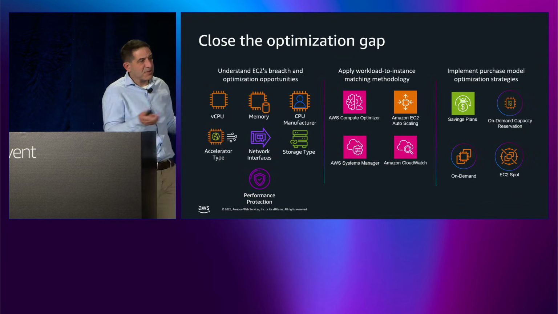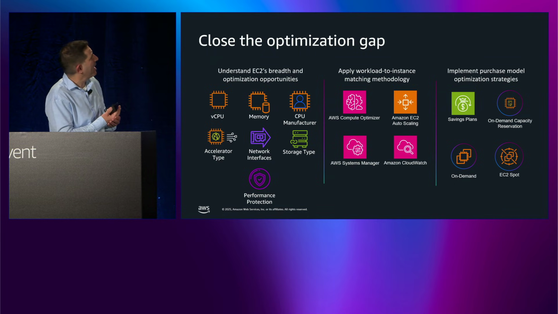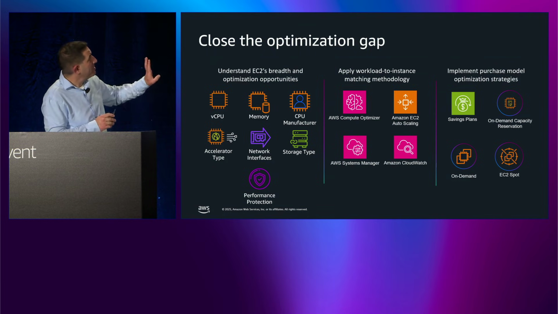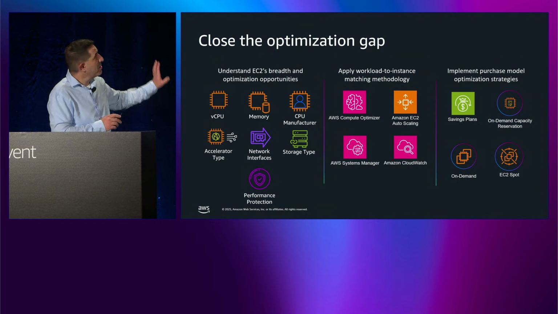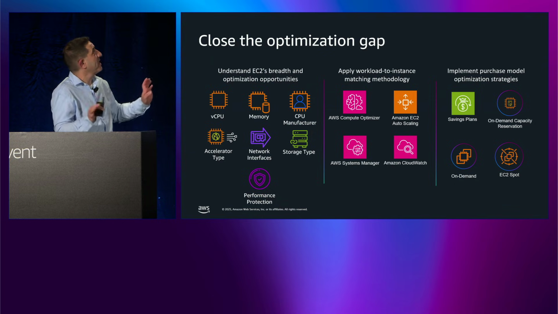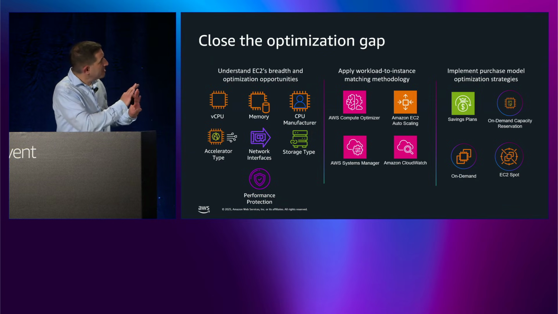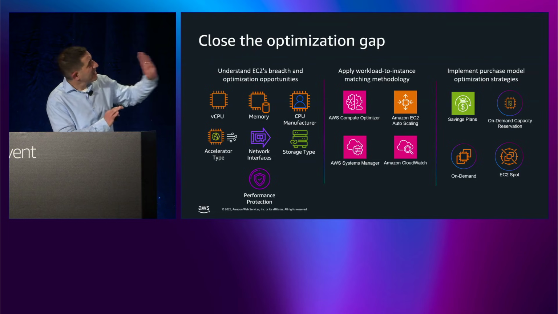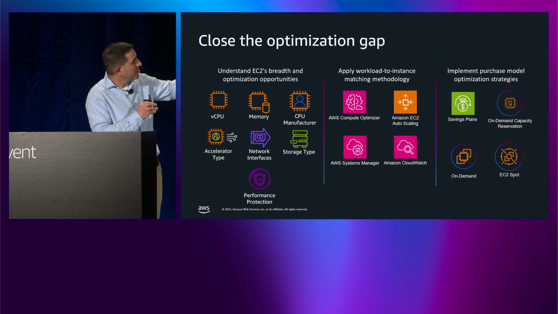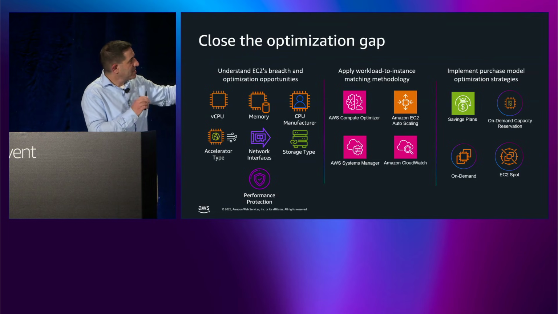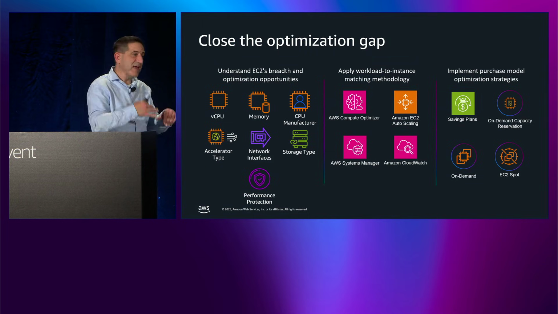So to tie this all together and to close the optimization gap, you really want to take a moment to understand the overall EC2, its breadth and optimization opportunities. Think about all the different types. Don't spend too much on them, but understand them, right? Then let our services like Compute Optimizer, Auto Scaling, Systems Manager, and CloudWatch help you optimize and do the workload to instance type matching methodology and let it scale up and down for you.